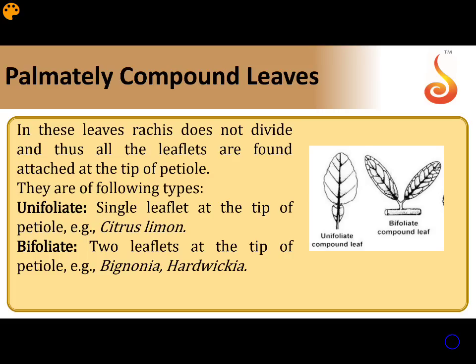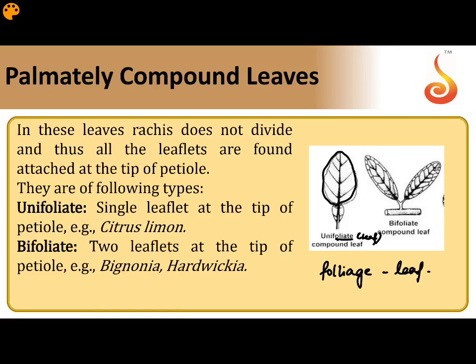Let's see the first diagram here. We call it a unifoliate compound leaf. Why uni? There is a single leaf. Folia, foliage means leaf. Foliage, the word is basically leaf. So foliate, uni, single folia, it is the leaf that we see.